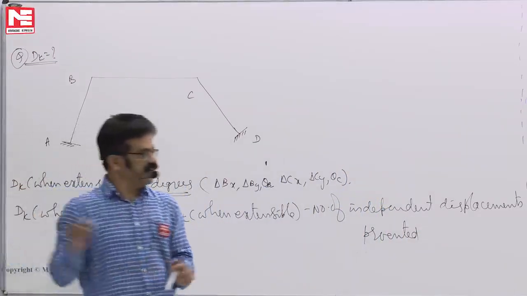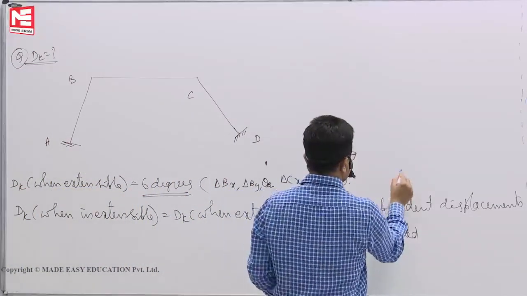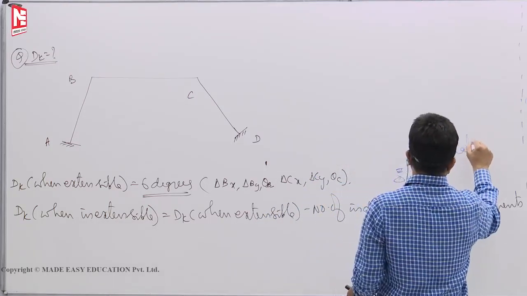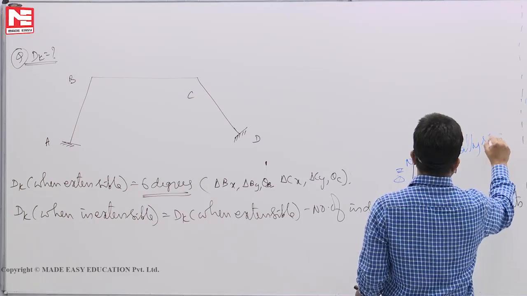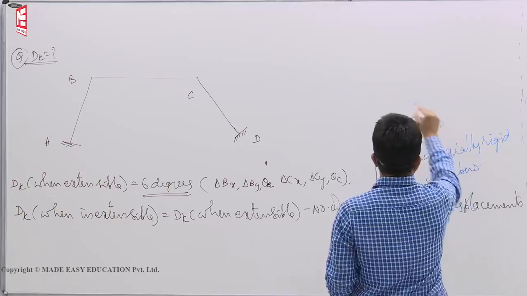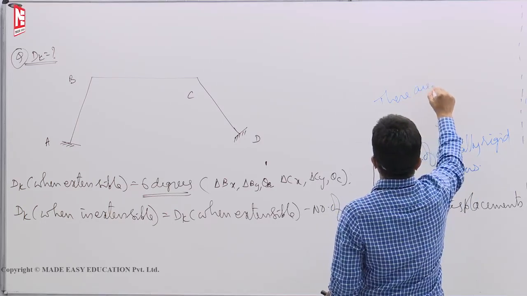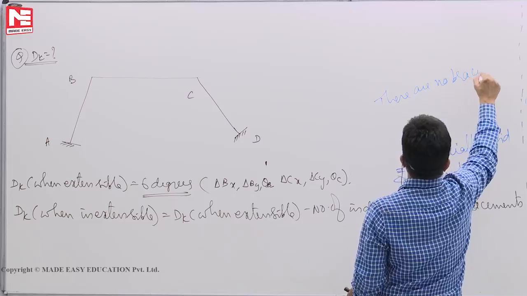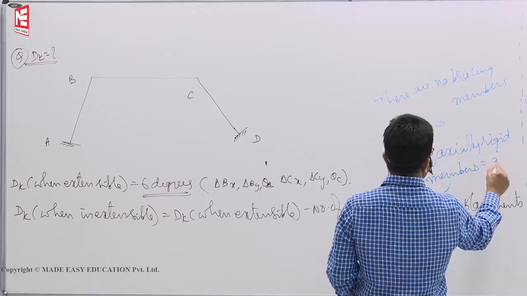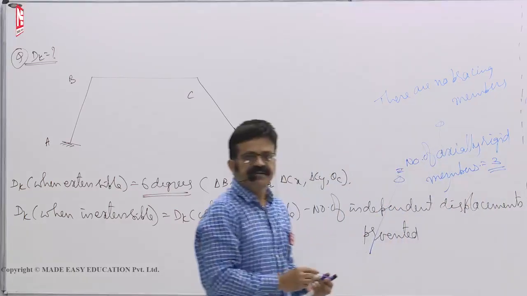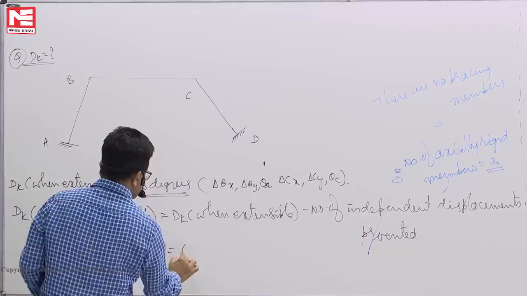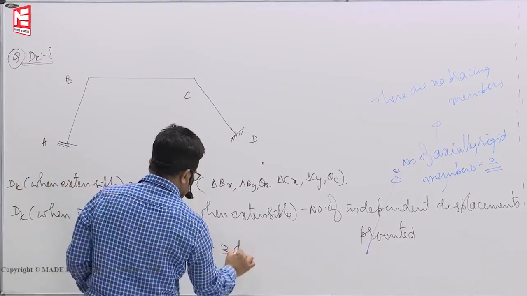Independent displacements prevented is equal to the number of axially rigid members. Again, there are no bracing members, so axially rigid members are 3, directly we will take it because no bracing is there. So extensible is 6 minus 3. You can take it as 3 degrees.